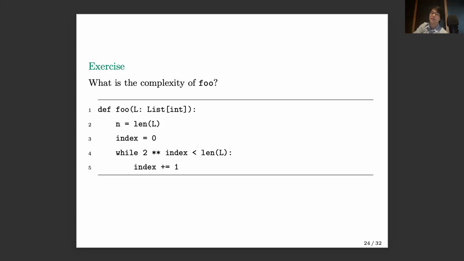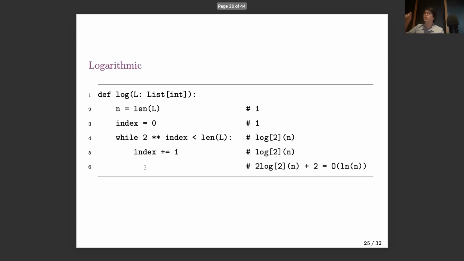How many comparisons at line 4 do I really do? How many times can I double the index? It's log base 2. Right, so this is going to do log of n many operations.